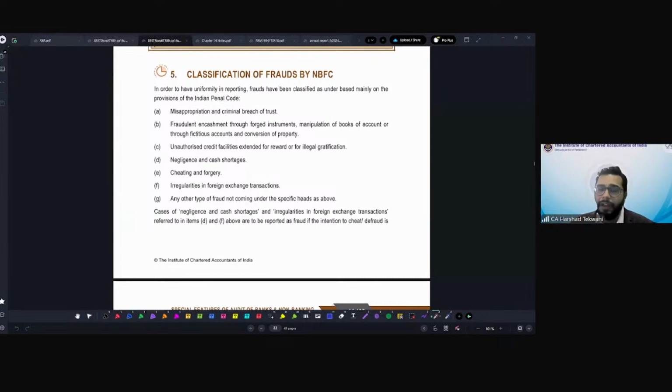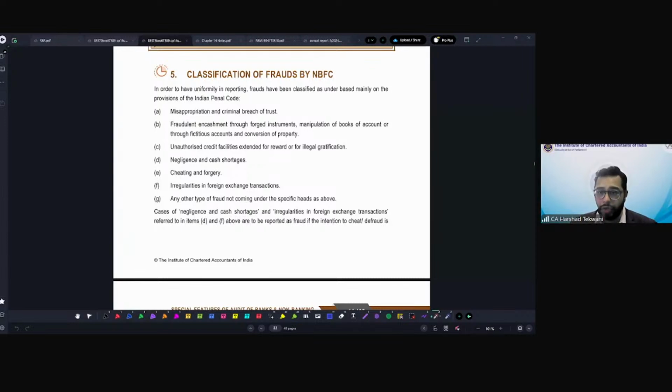Whatever we have understood till now, the fraud risk factors, prudential norms, net owned funds, and reporting, our audit procedures are designed in such a way that, first of all, your objective is to issue an opinion and perform those reportings.